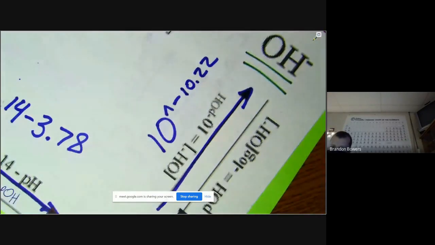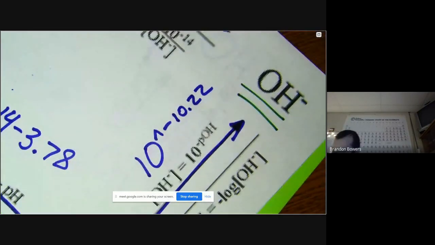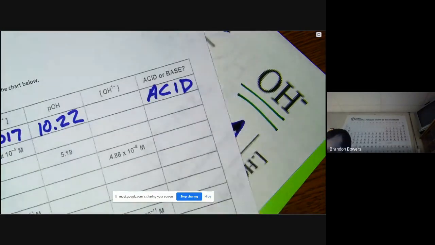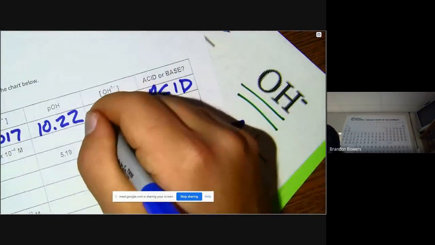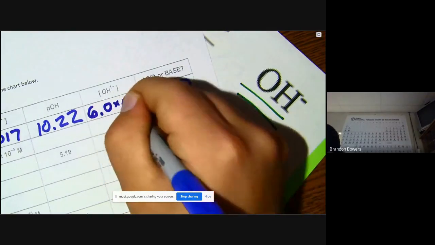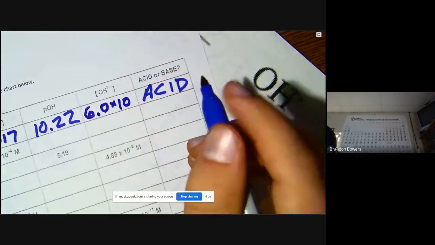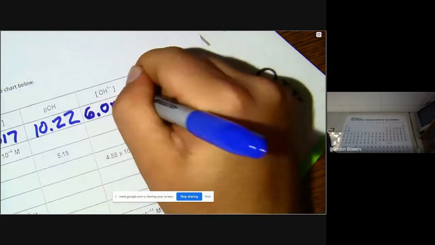So let's plug that into our calculator. 10 to the negative. Okay, this one's given a little differently. I have 6.0 times 10 to the negative 11th is what I got.